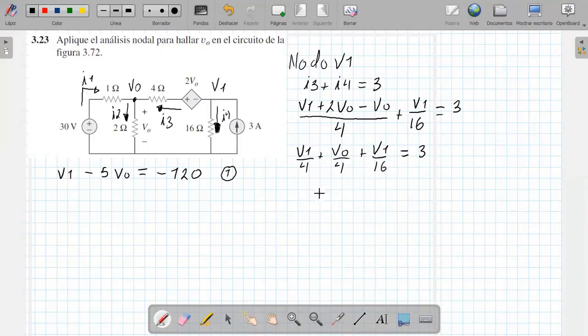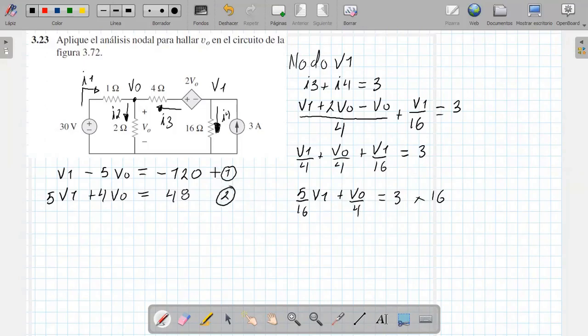If I add this with this, I get 5 over 16 V1, plus V sub 0 over 4 equals 3. If I multiply it by 16, I have 5 V1 plus 4 V sub 0 equals 3 times 16, which is 48. That would be my second equation.